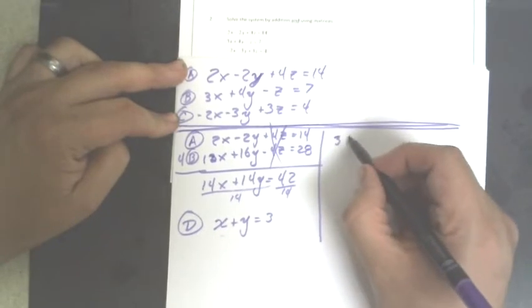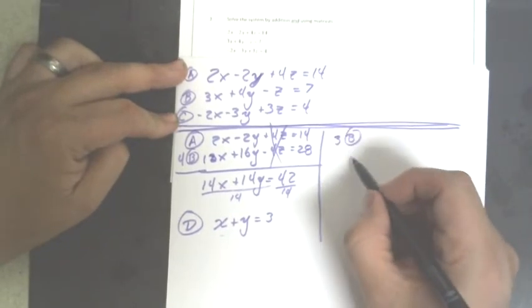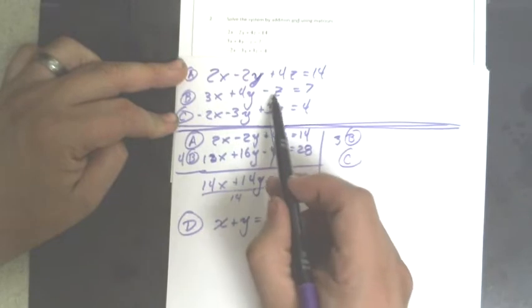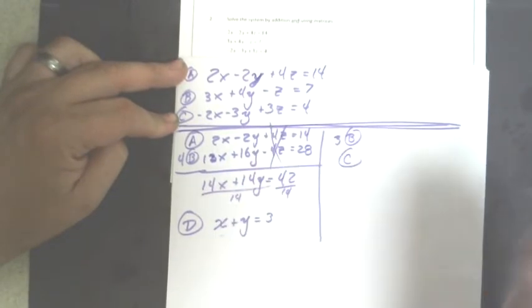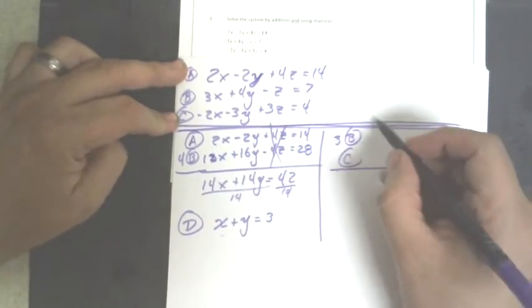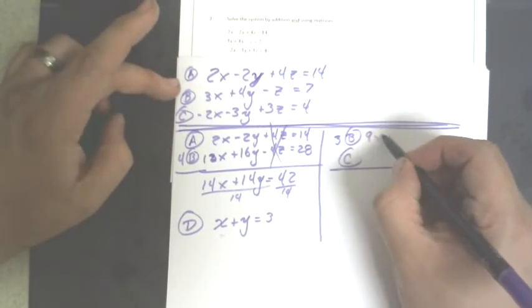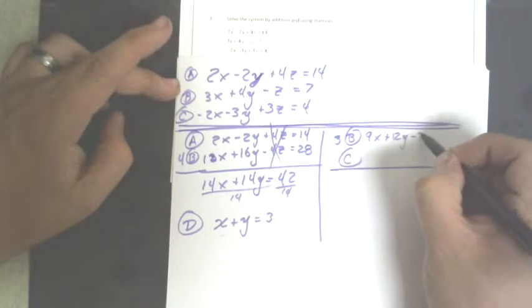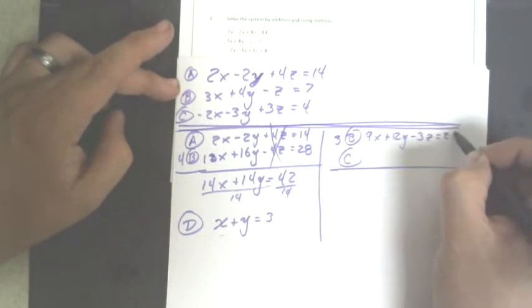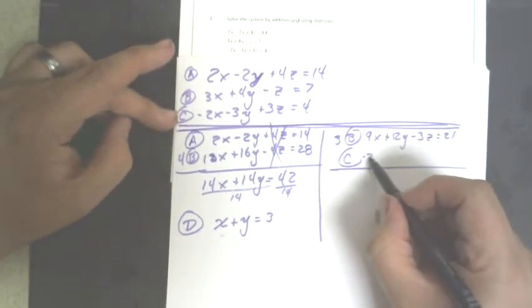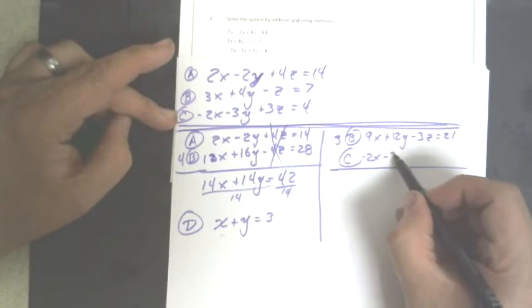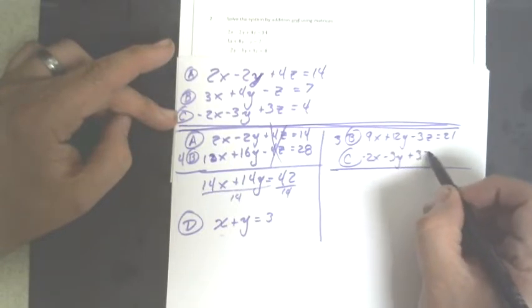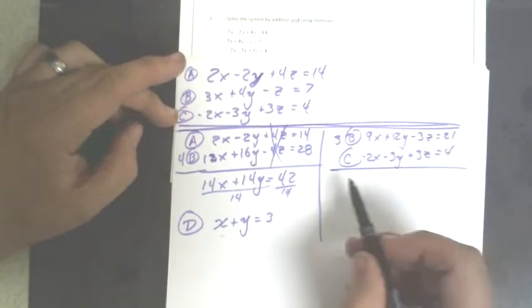But 3 times b and c makes that into a negative 3, so it will get rid of that positive 3. Should work. So what do we get here? 9x plus 12y minus 3z equals 21. And negative 2x minus 3y plus 3z equals 4.